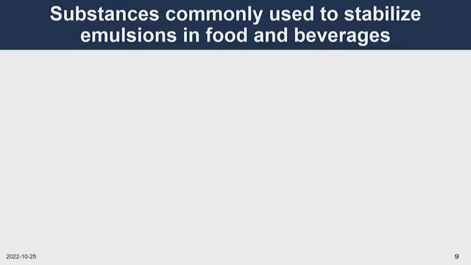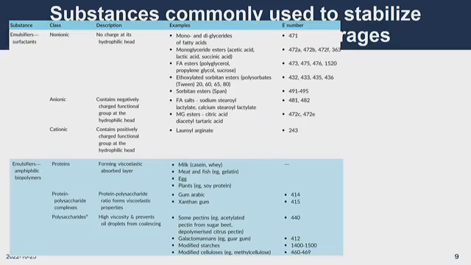Then we have emulsifier amphiphilic biopolymers. These ones don't have exactly the structure of a fatty acid, the one I showed you, with the head and the tail. They are emulsifiers, but they are more specific. These are mainly proteins or protein polysaccharide complexes.